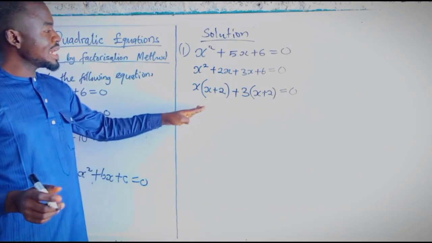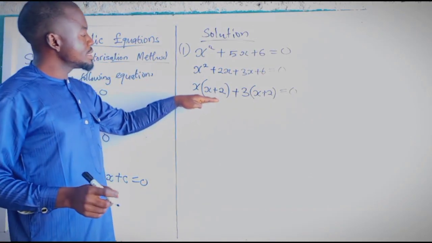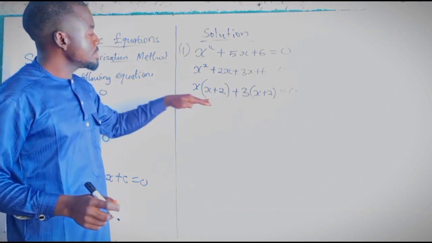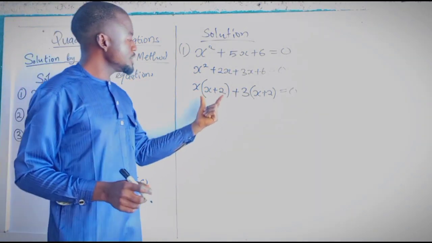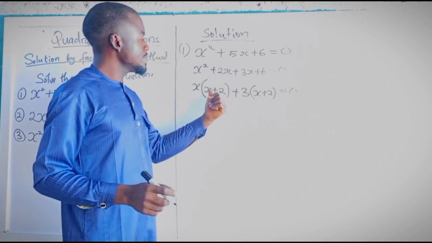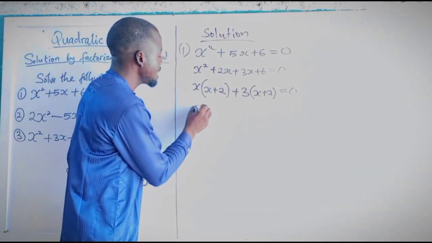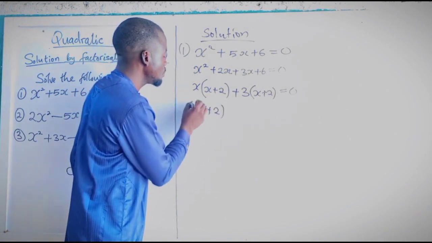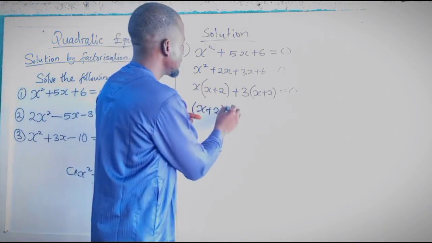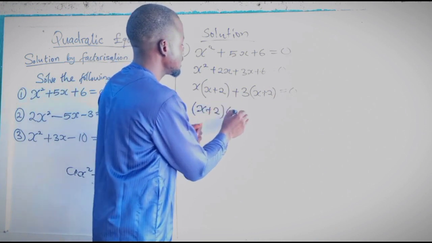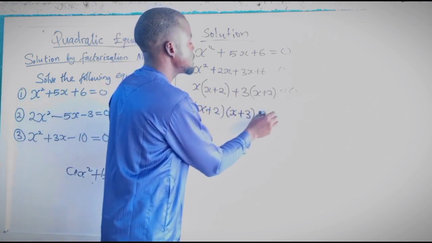Now, if you look at it carefully, you discover that these two expressions have something in common, which is the bracket. The x plus 2 is common. So we factorize x plus 2, and what is left? x plus 3 equals 0.